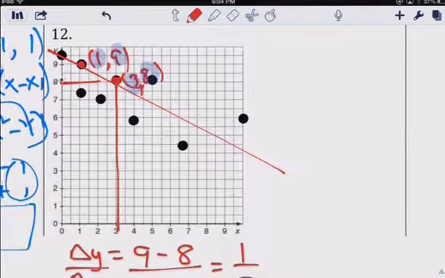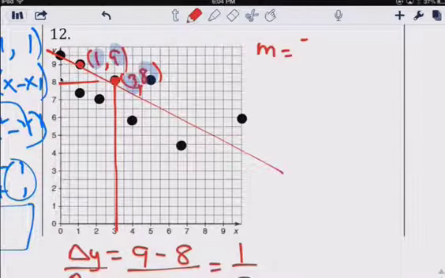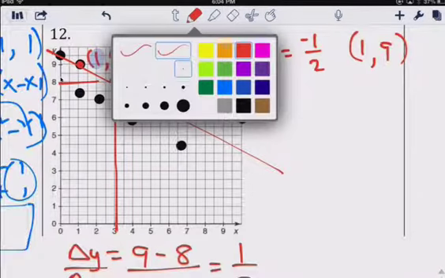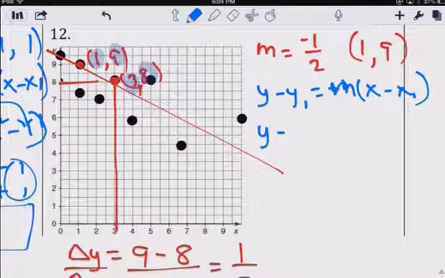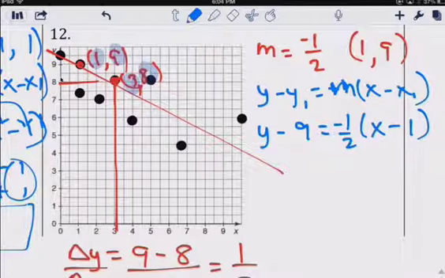Alright, so my slope is negative 1/2, and the dot I'm going to use is (1, 9). Okay, so y minus y1 equals m parentheses x minus x1. Y minus 9 equals negative 1/2 parentheses x minus 1.